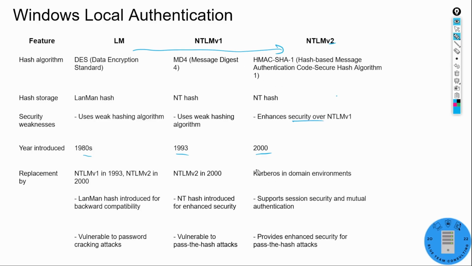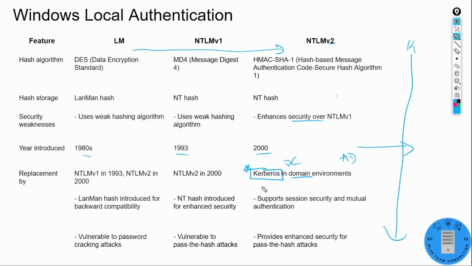But the greatest takeaway to be aware of is that the most secure way to authenticate is going to be using Kerberos, and that's going to be over domain environments, using the domain controller in Active Directory to do so. Some of the main differences here are for LM, NTLM, and NTLM version 2 versus Kerberos, which could probably be in this column here, advancing security.